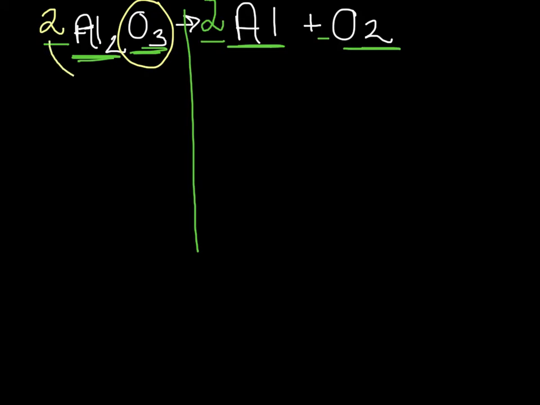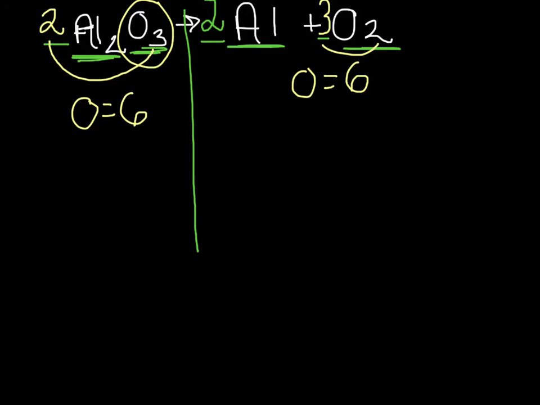So that would give me a total of 2 times 3, which is 6 oxygens. And then this one that's 2, I can multiply by 3, and that would give me a total of 6 oxygens. So you just do something like that so that it will equal out to being the same number on each side. With 2 and 3, it's usually easy. You just do the one that's 3 times 2 and the one that's 2 times 3, and it equals out to 6.